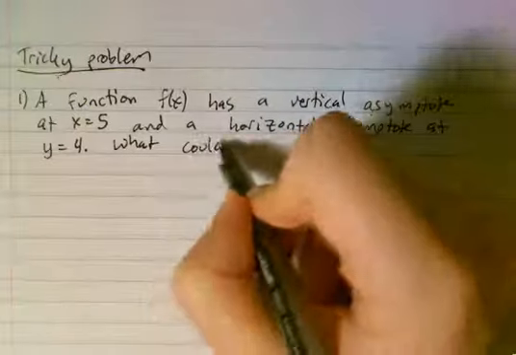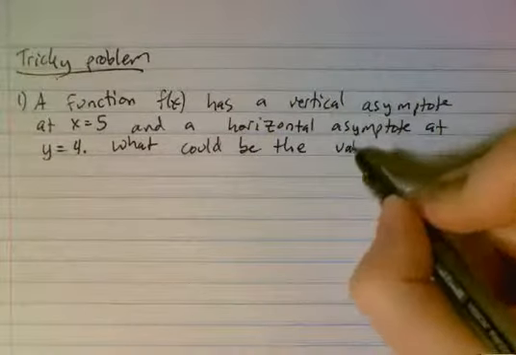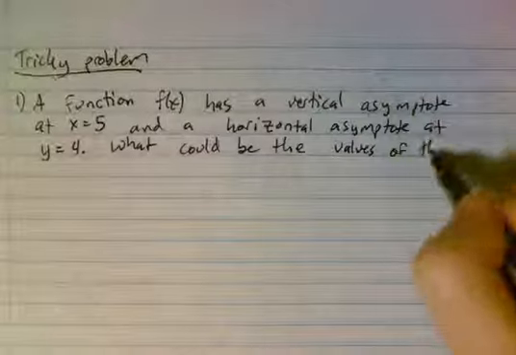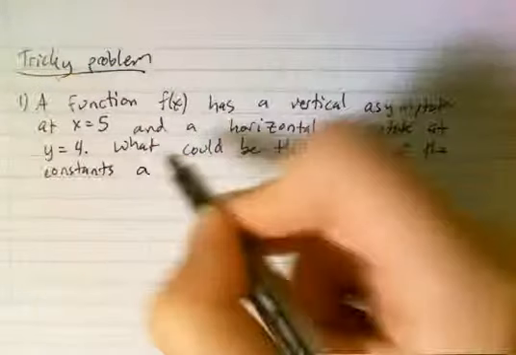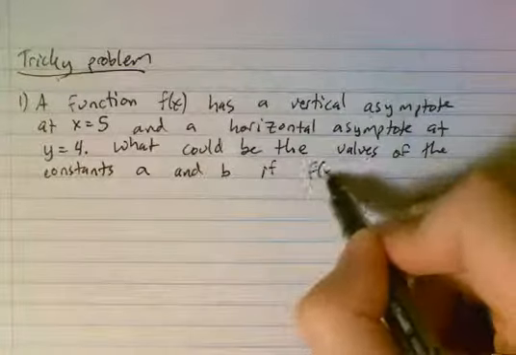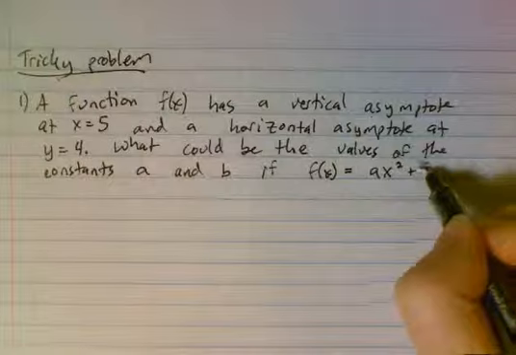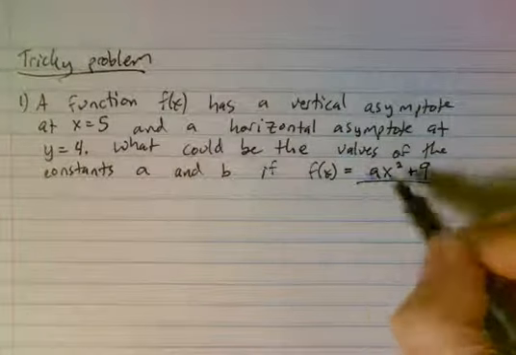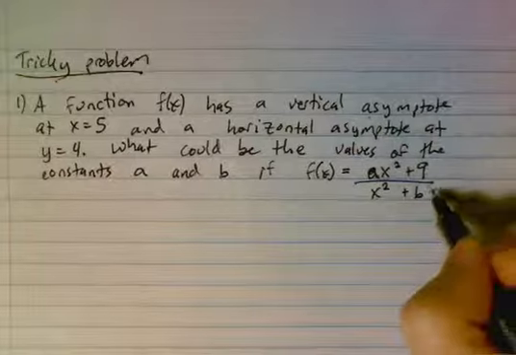What could be the values of the constants a and b if f of x equals ax squared plus 9, that's an a, that's a 9, over x squared plus b?